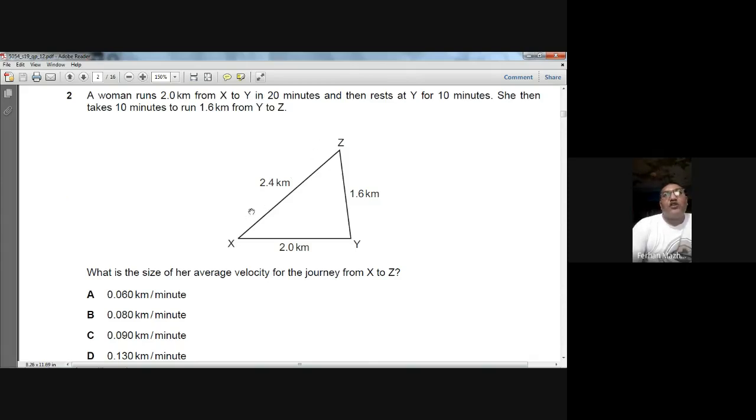Divide the 2.4 kilometer by 40 minutes, and the answer will be 0.06 kilometer per minute. So A is the choice. I hope you have understood. Question number 2, A is the choice, 0.060 kilometer per minute.